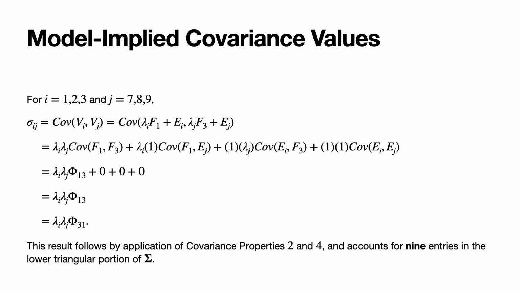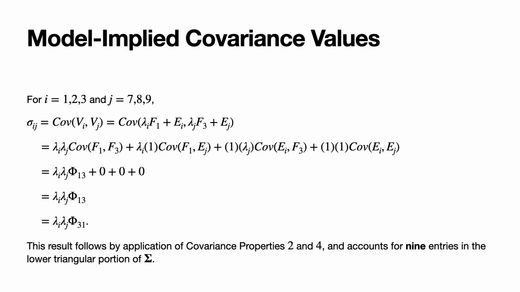Now this is equal to lambda sub i times lambda sub j times the covariance of f1 with f3, plus lambda i times 1 times the covariance of f1 with e j, plus 1 times lambda sub j times the covariance of e sub i with f3, plus 1 times the covariance of e sub i with e sub j.